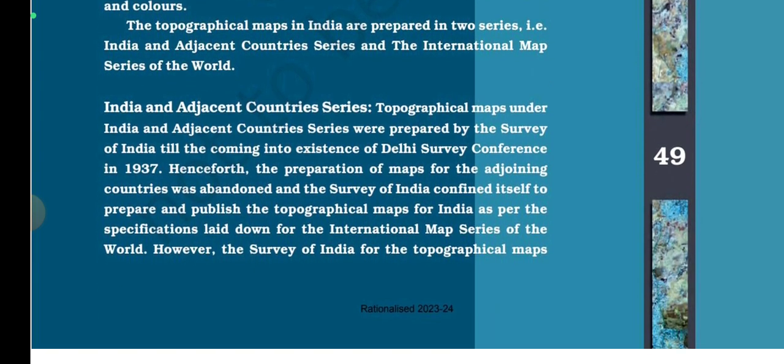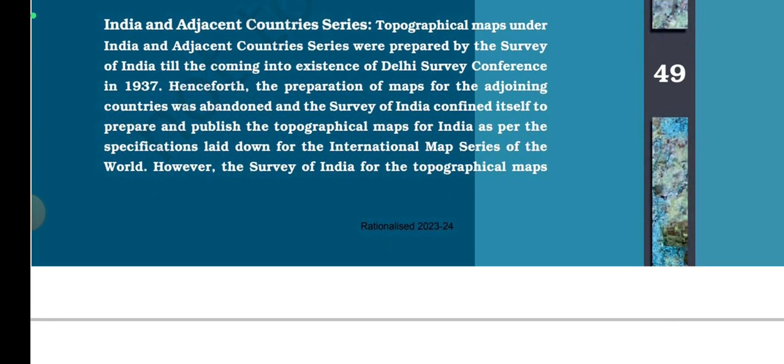This is not very important. Let's move on to the description. Okay, can be important. So India and adjacent countries series. Topographical maps under India and adjacent countries series were prepared by the Survey of India till the coming into existence of Delhi Survey Conference in 1937.